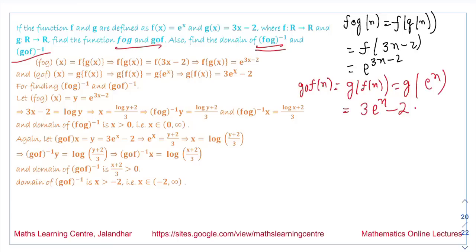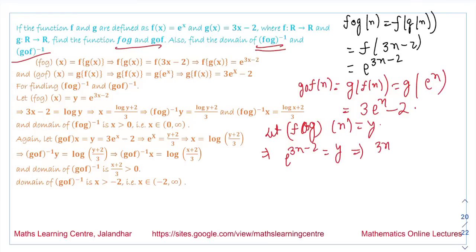So we say FOG of x is equal to y. This implies that e raised to power 3x minus 2 is equal to y. So this gives us 3x minus 2 is equal to log y. So this implies x is equal to (log y plus 2) upon 3.